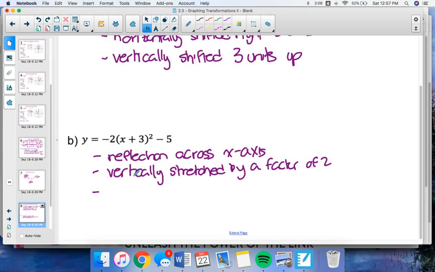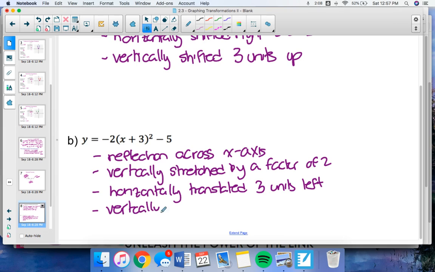So it's positive in here, so that means our parabola is being shifted left. So horizontally translated 3 units left. And last but not least, we have negative 5. So vertically translated 5 units down. Okay. So those are all the transformations that are applied to that parabola.